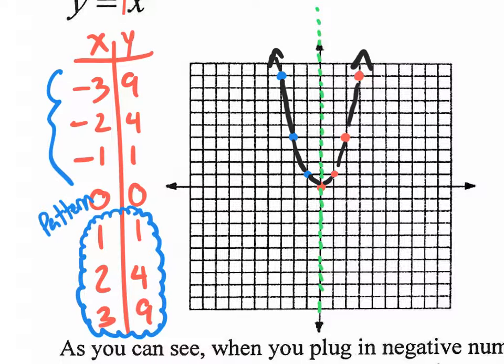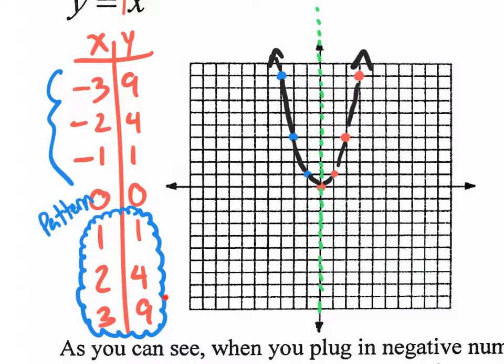Since we know that the a value changes the width or the narrowness of the parabola, anytime you have a parabola with the a value of 1, it's going to produce a regular shaped curve.